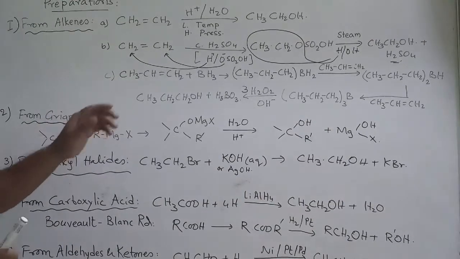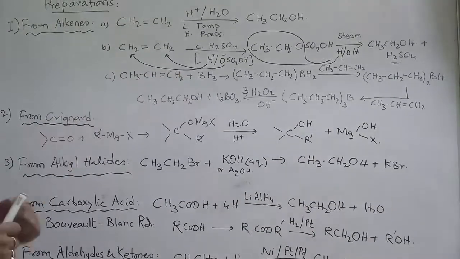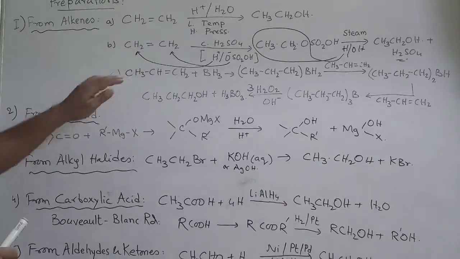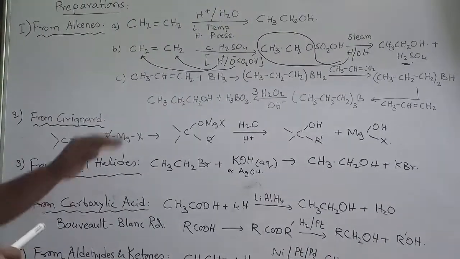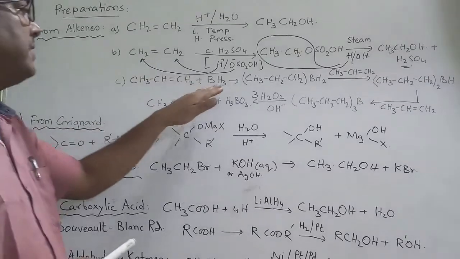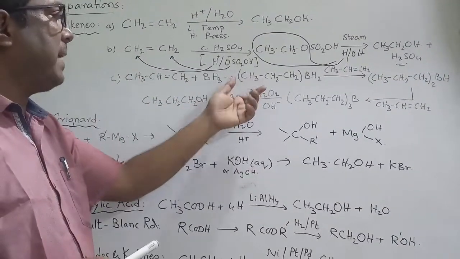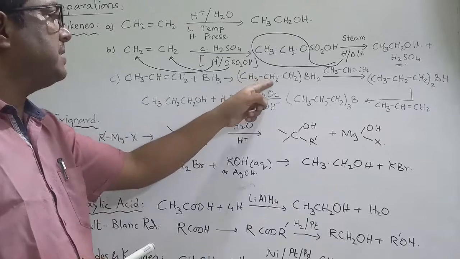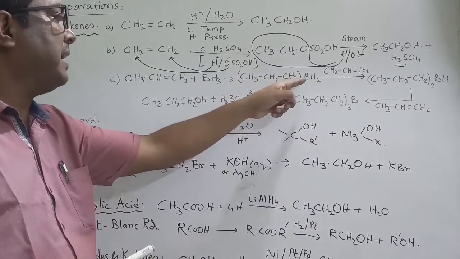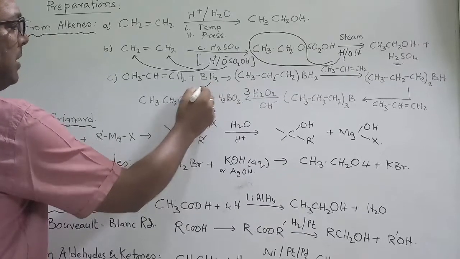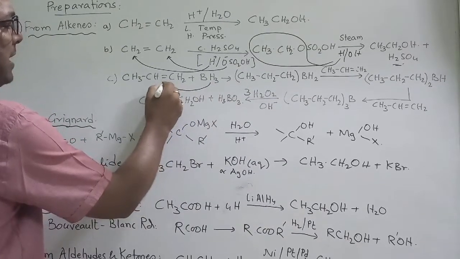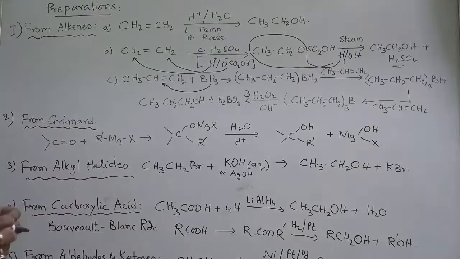The third one is by borohydride, that is when we take an unsaturated alkene with the borohydride, you can see we get CH3, CH2, CH2, BH2. One of the hydrogens of the boron goes to that carbon which contains the fewer number of hydrogens.